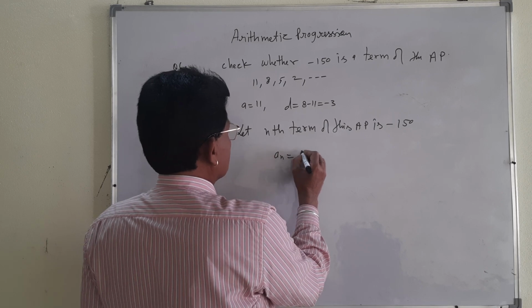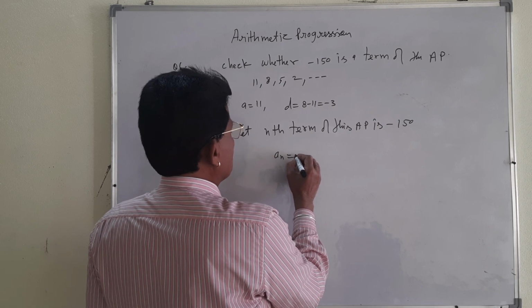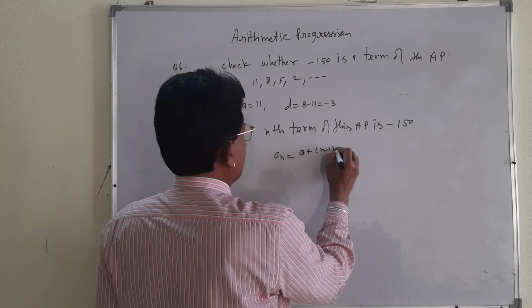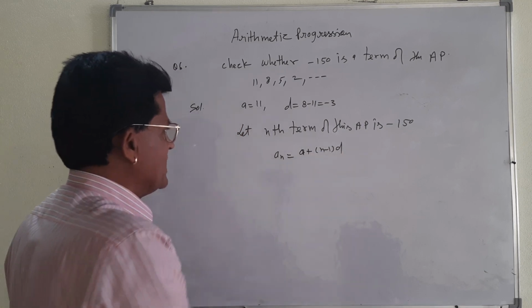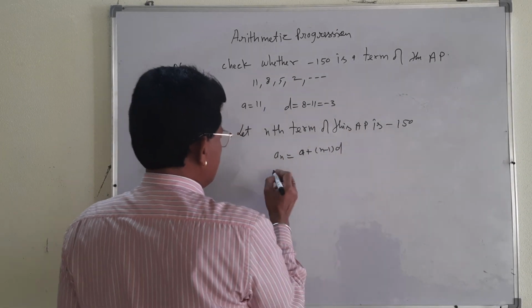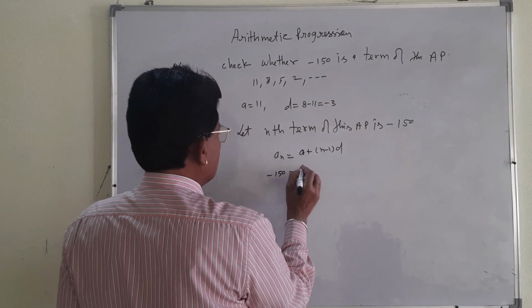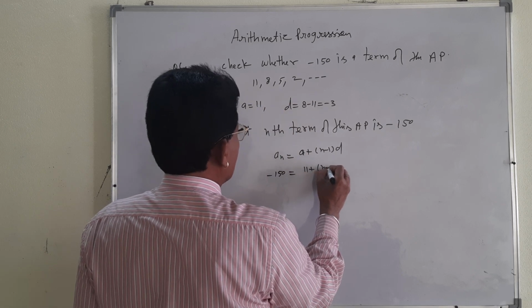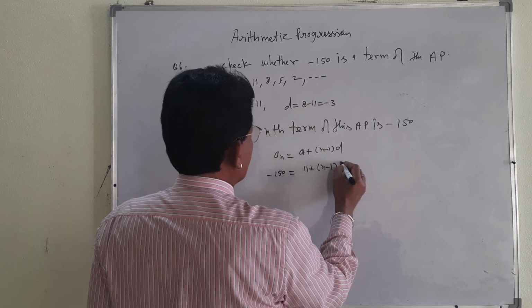Then what do you see? An is equal to A plus n minus 1 D. This formula you will have to use. The nth term is minus 150. It will be equal to A, which is 11, plus n minus 1, and in place of D you write minus 3.